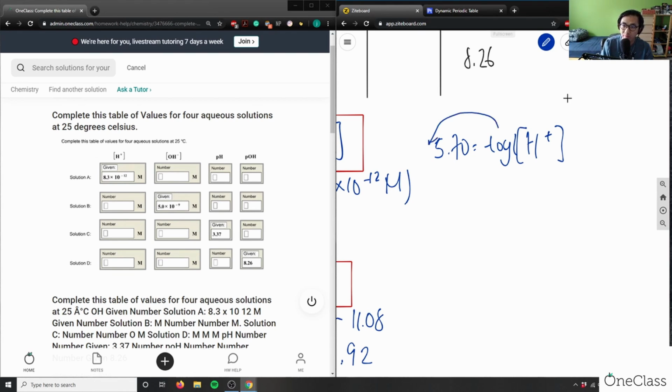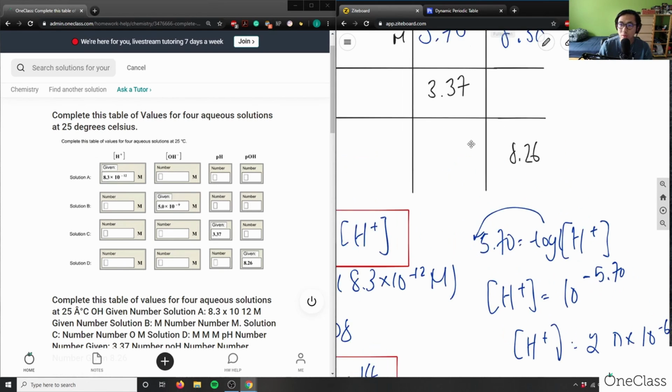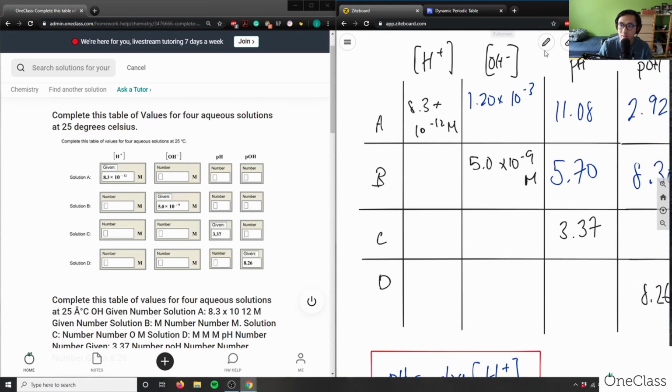And I have to move the negative log to this side, so H plus would equal 10 to the power of negative 5.70. Again, this here is 10 to the power of negative that, which is 2.0 times 10 to the negative 6.